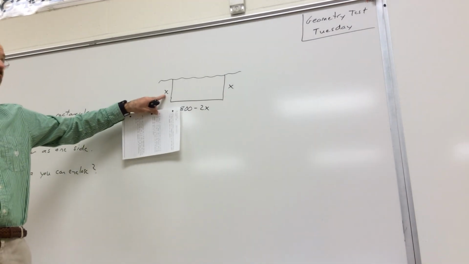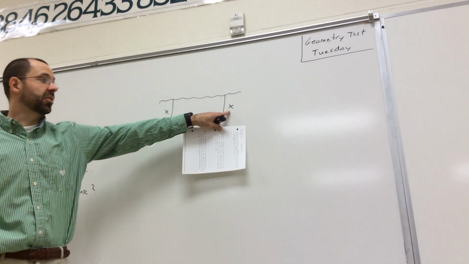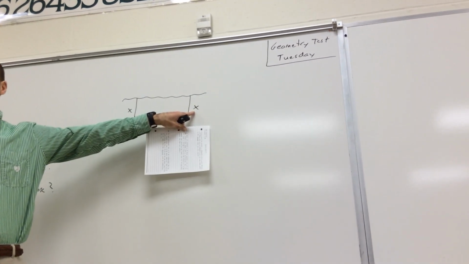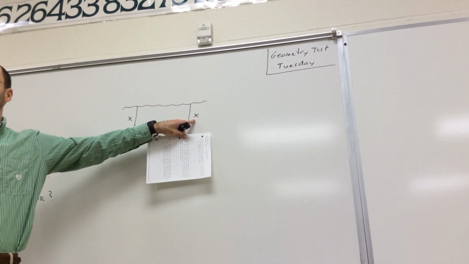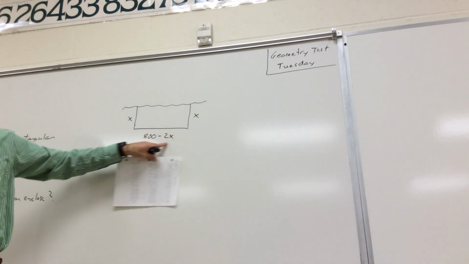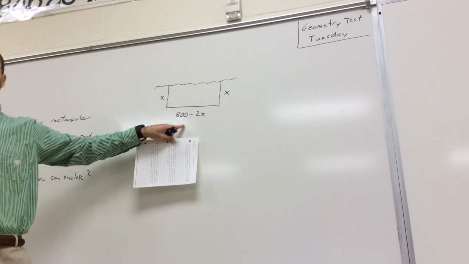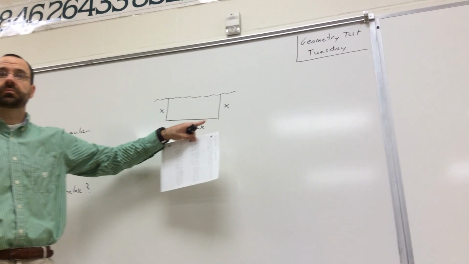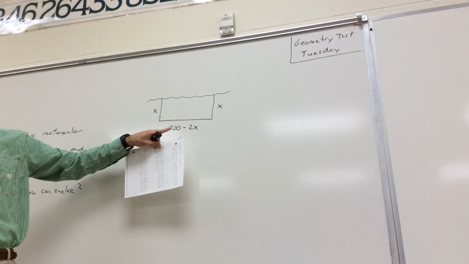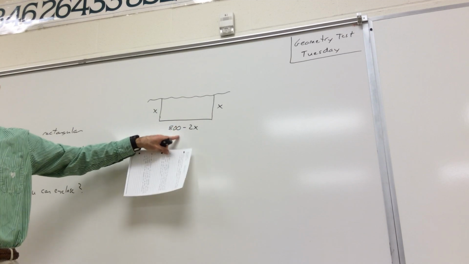For example, if you put 100 yards here and 100 yards here, you've used up 200 yards, so you have 600 yards left for this side. In general, 800 minus 2x.